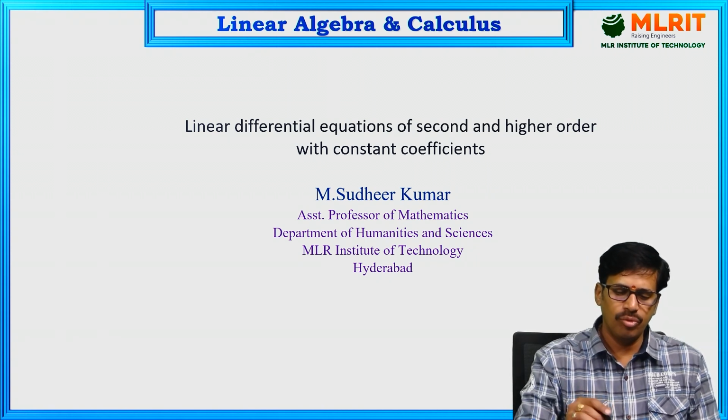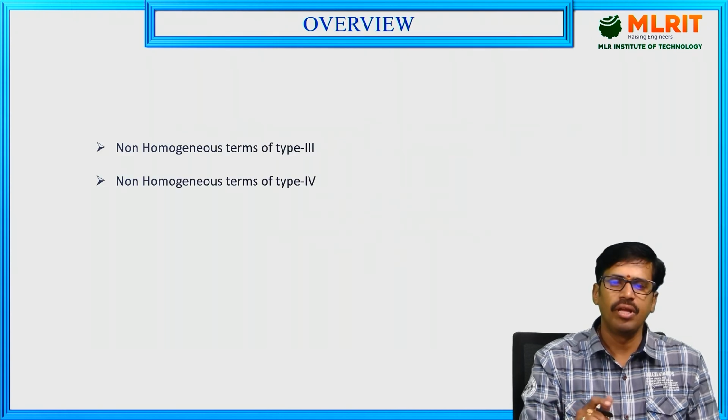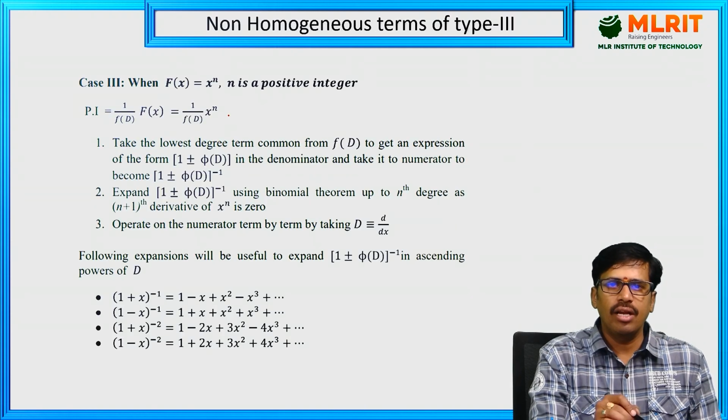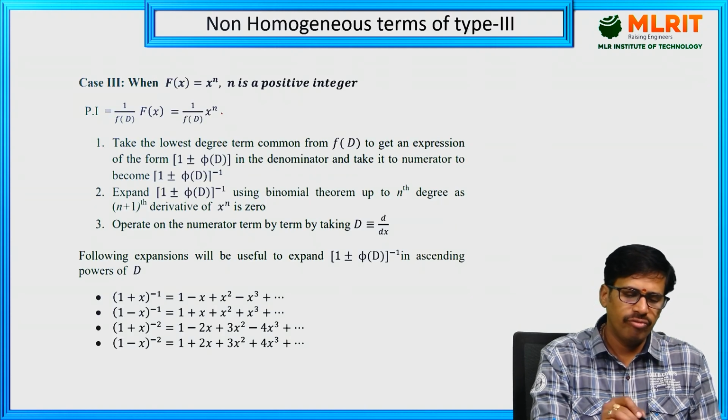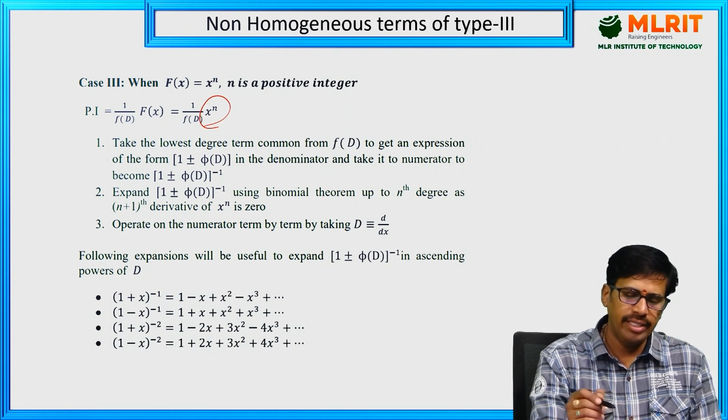In this lecture, I am going to cover linear differential equations of second order which have non-homogeneous terms of type 3 and type 4. To find the particular integral where the function is x power n, we have to write this expression using the binomial theorem.